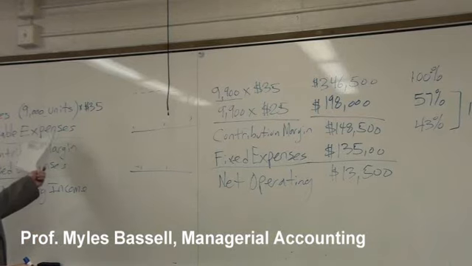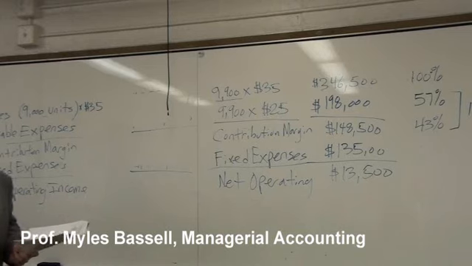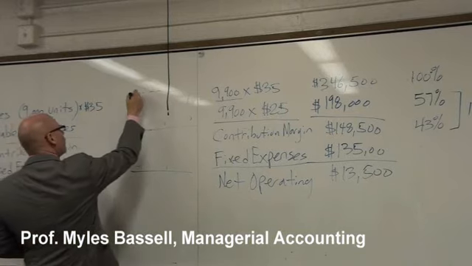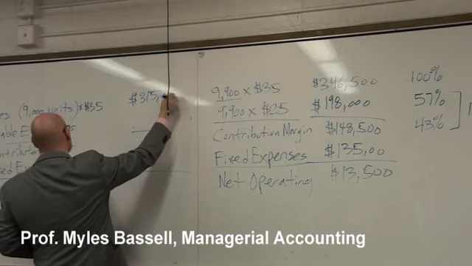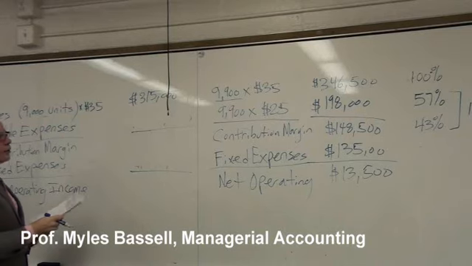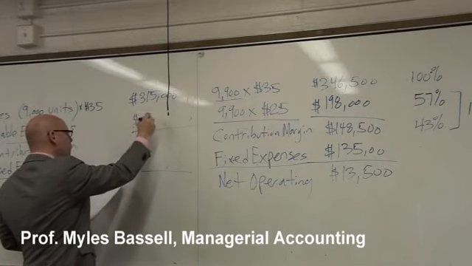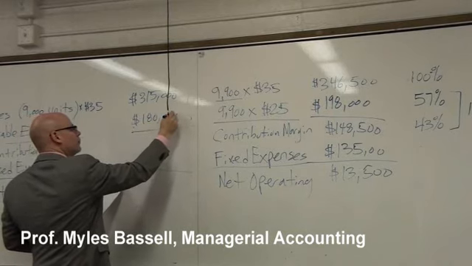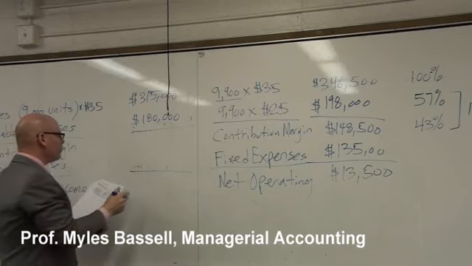So we're going to sell 9,000 units at $35. 315,000. And our variable expenses are 180. And the contribution margin? 145.